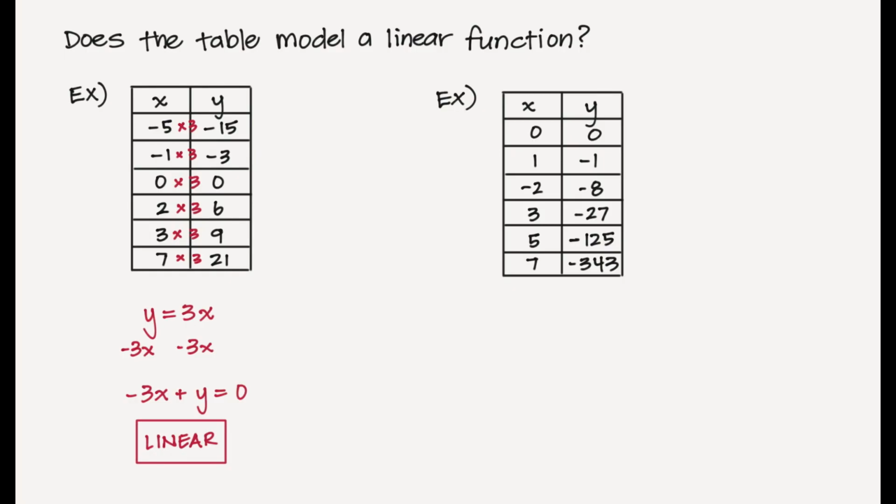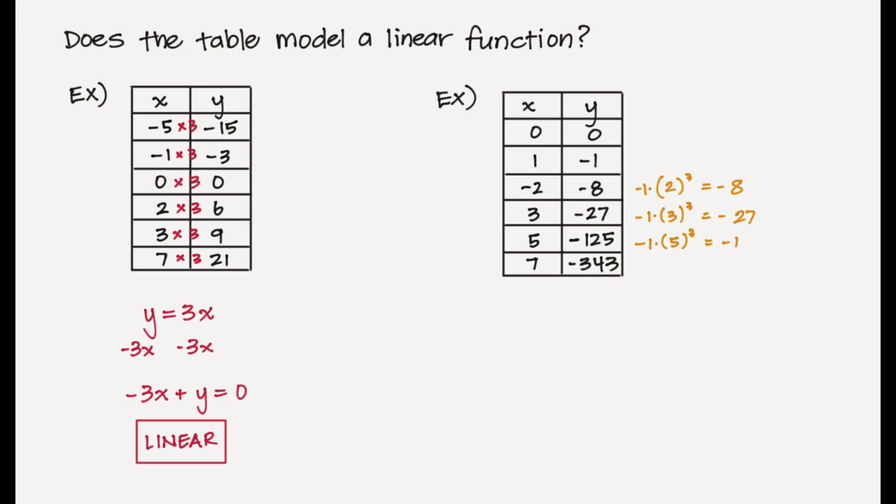Okay? So now I have one more table here. I could graph these values to see if they line up on a straight line, but I want to see if I can find a pattern as well, just like my last example. And I'm not finding anything that's just standing out right away, but I do know that 2 cubed is 8. And if I multiply that by negative 1, that gives me negative 8. So also 3 cubed is 27. Likewise, if I multiply it by negative 1, that gives me negative 27.